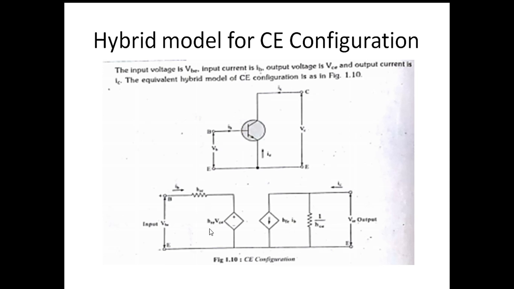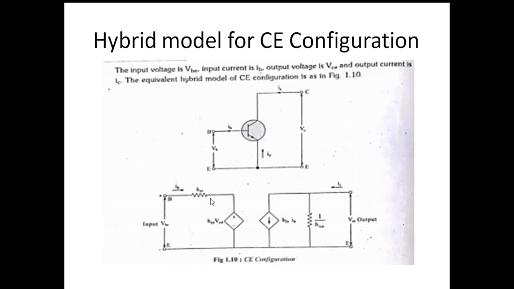So now this is replaced with two quantities. One is a resistor and another one is a dependent voltage source. This resistance value is HIE, which is the input impedance in common emitter configuration.